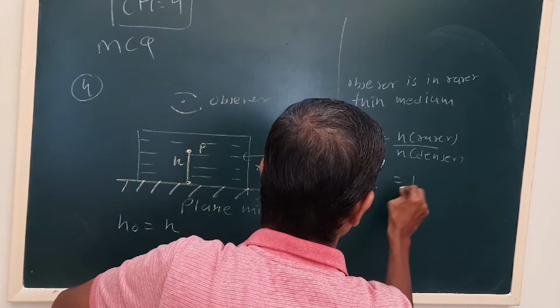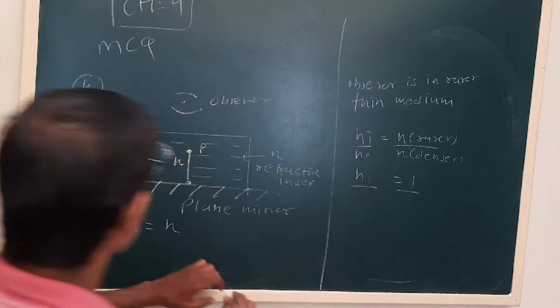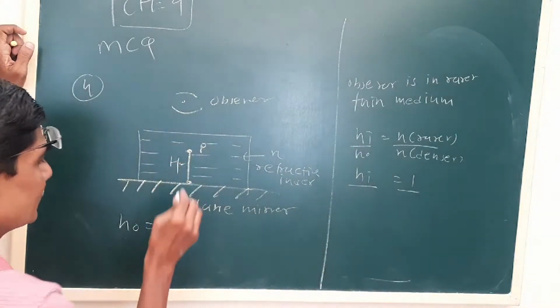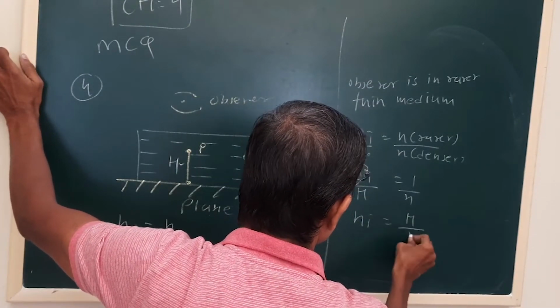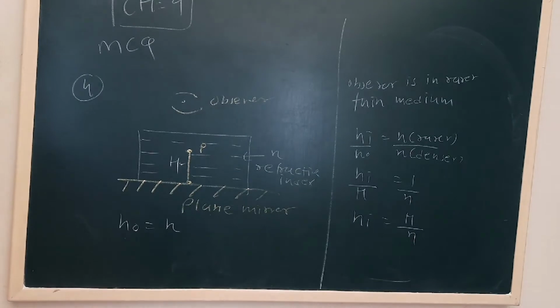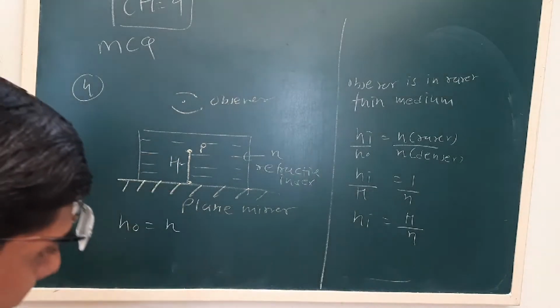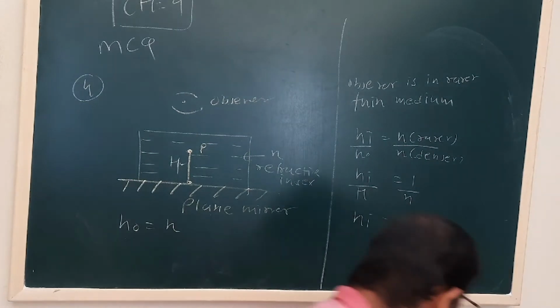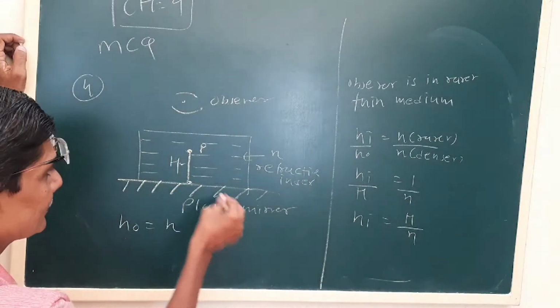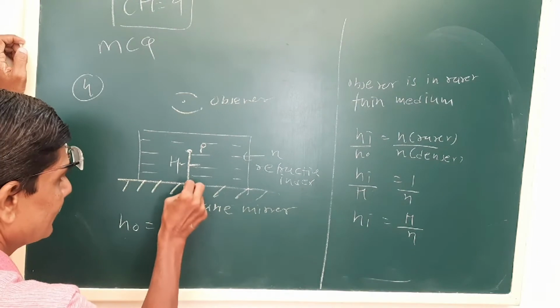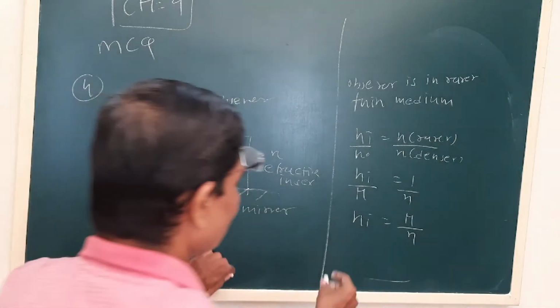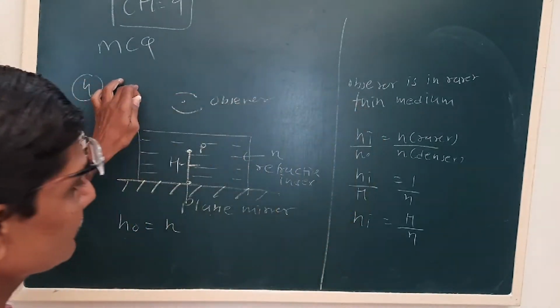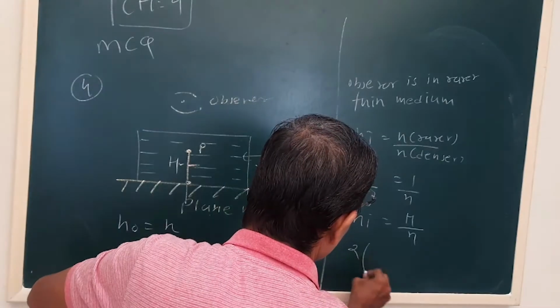HO is H, let us say H for ease. But we know that in a plane mirror the image is formed at the same distance. So HI is H by N, and the image will also be formed at the same distance on the other side, so the observer will see the image at double this H by N distance.